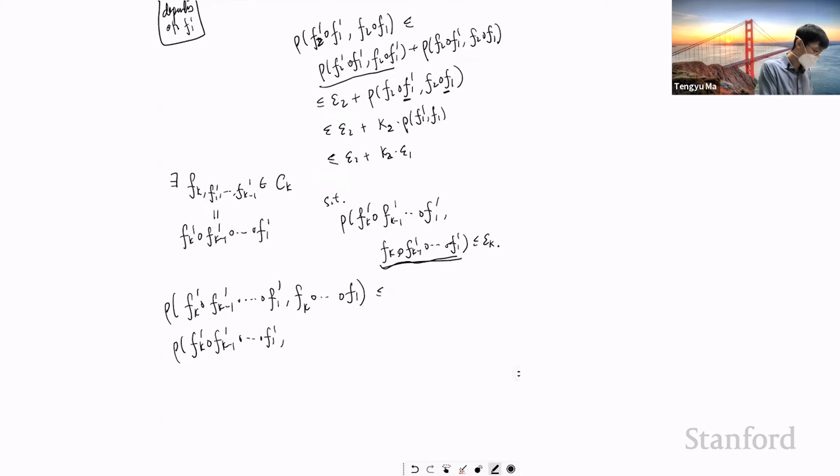The first thing is you compare with this kind of telescoping sum, which is actually useful in many cases. You first compare with this, and then you gradually peel off more and more terms.